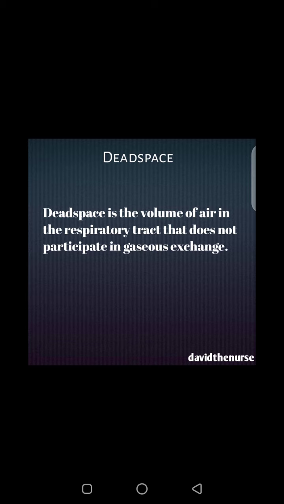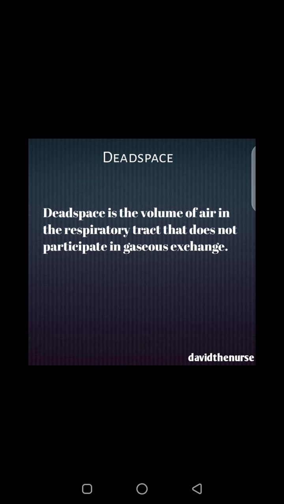It means that CO2 can be easily released from the bloodstream into the lungs, and then the oxygen from the lungs can easily be exchanged and come into the bloodstream, and that is how gaseous exchange takes place.